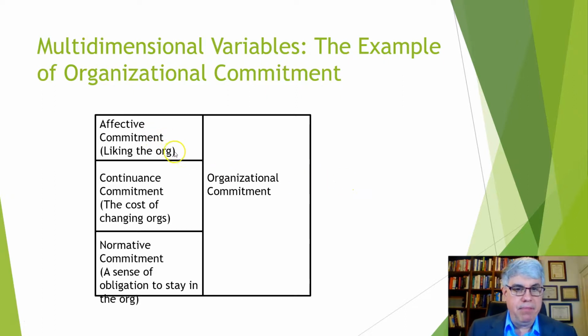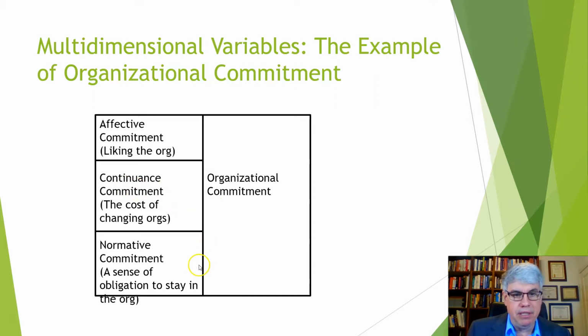There's affective commitment, how much people like the organization, that's kind of emotional. There's also continuance commitment, the cost of changing orgs, like, oh, I won't be vested in my retirement if I quit. I better stay committed to this organization until I get vested. Or I will never get such good pay given my skill level. So they're committed to the organization.